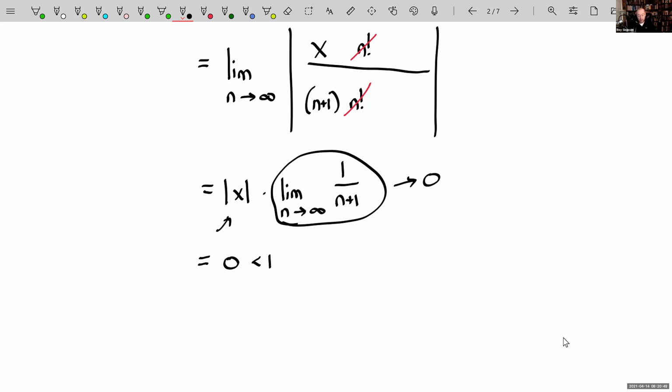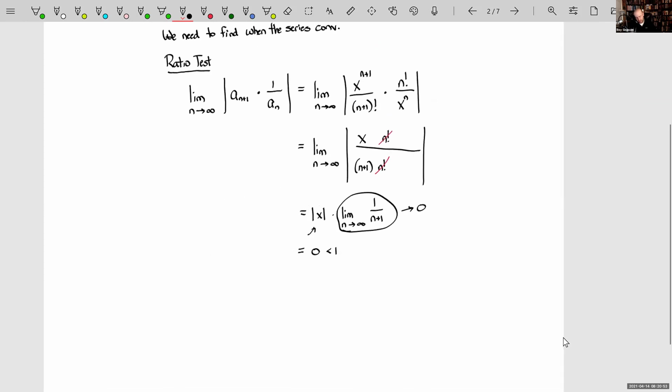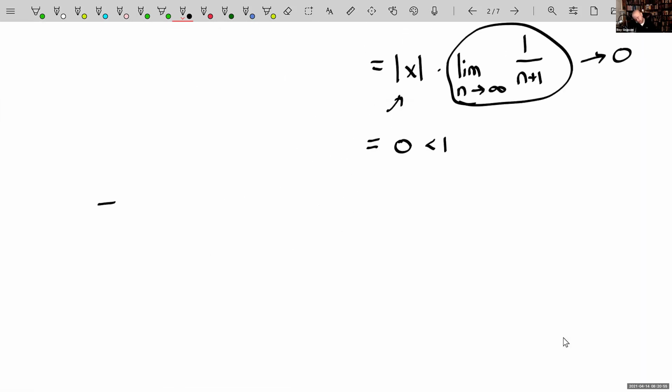Therefore, no matter what x is, let me actually write this down. Thus, no matter what x is, the limit is less than 1.